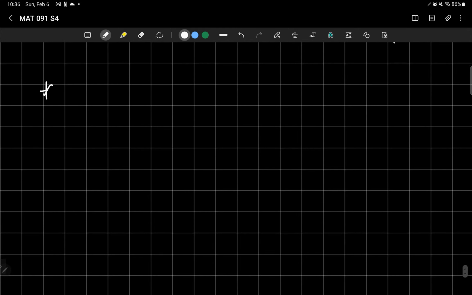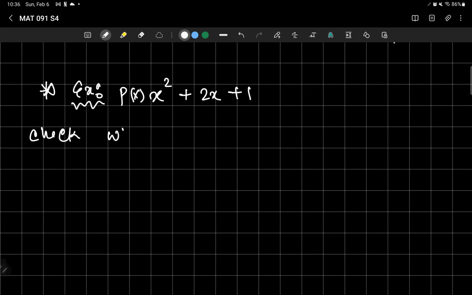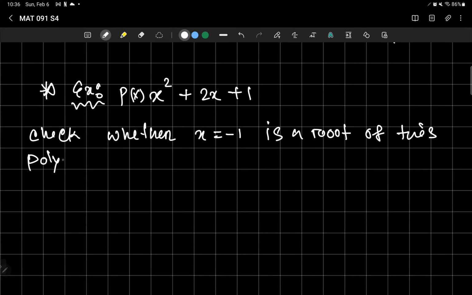Let's take an example. Let's say I have a polynomial like this, and I ask you to check whether x equals -1 is a root of this polynomial. What do we do?